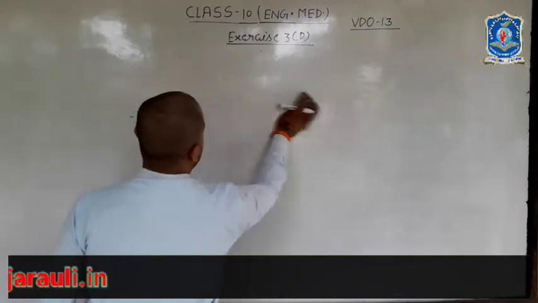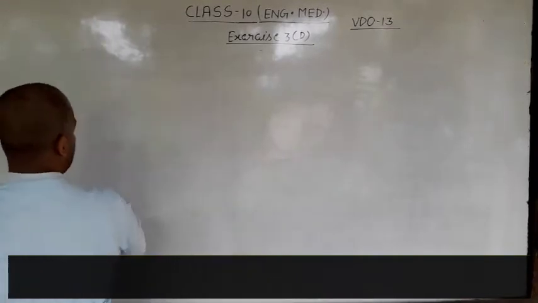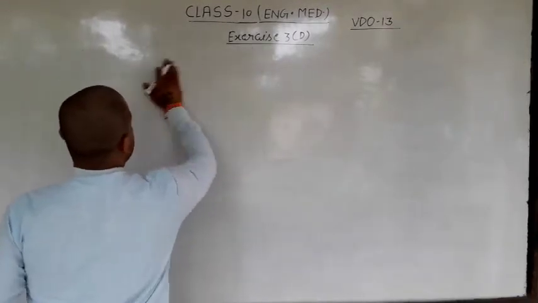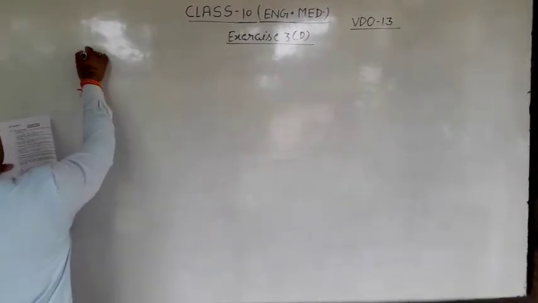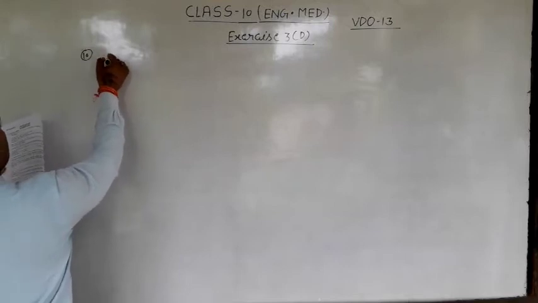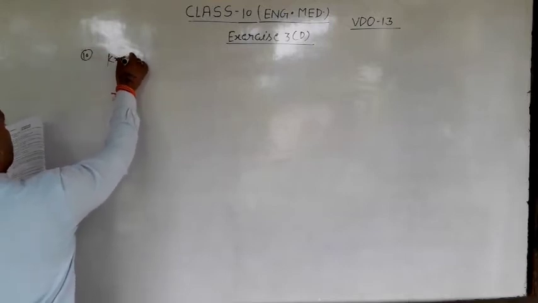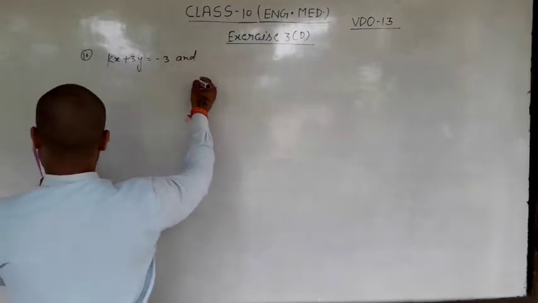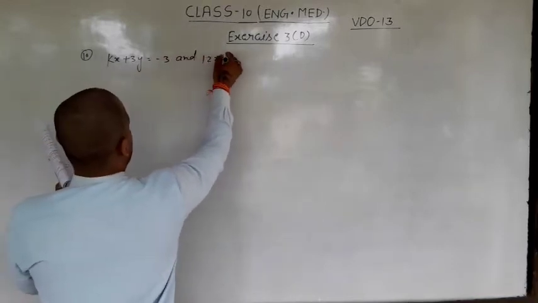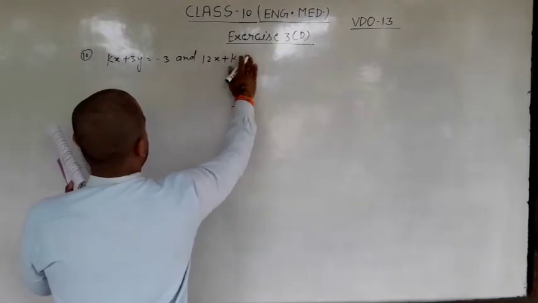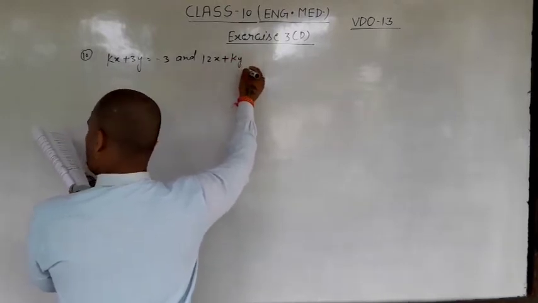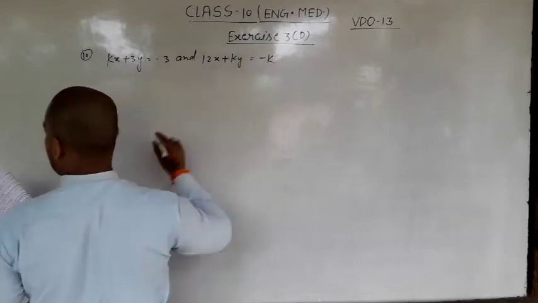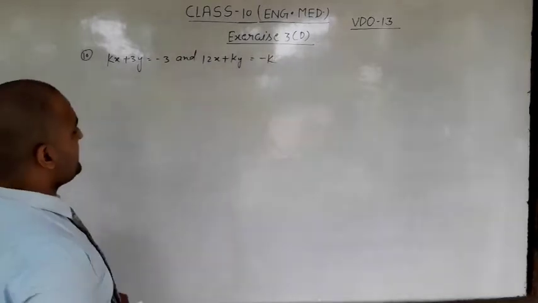Here is question number 10, and the equations are kx plus 3y is equal to minus 3 and 12x plus ky is equal to minus k. Okay, students?